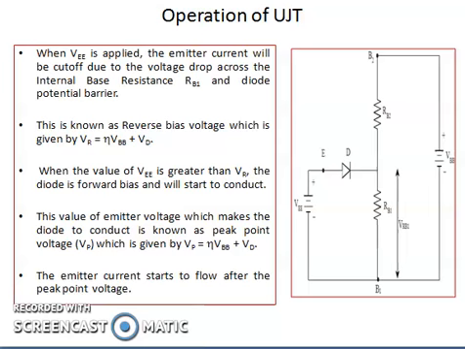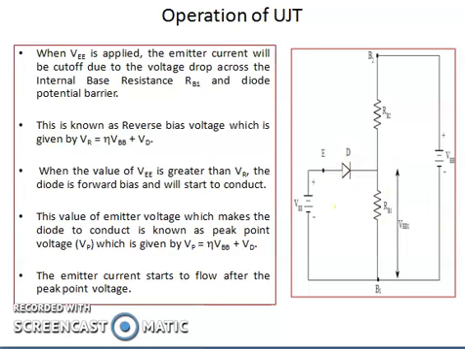Regarding the operation of UJT, when the input VE is applied, the emitter current will be cut off due to the voltage drop across the internal base resistance RB1 and the diode potential barrier. If we want to make the UJT conduct, we have to overcome the barrier potential across the diode and also the voltage across RB1. Only if the input voltage is larger than these two voltages will it start to conduct.